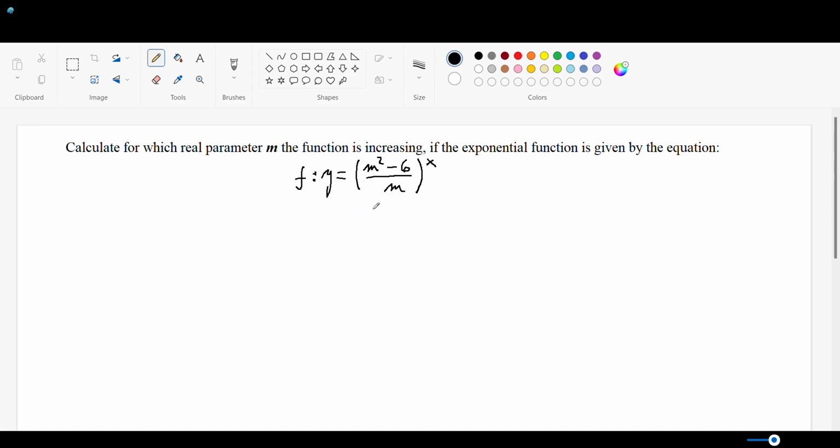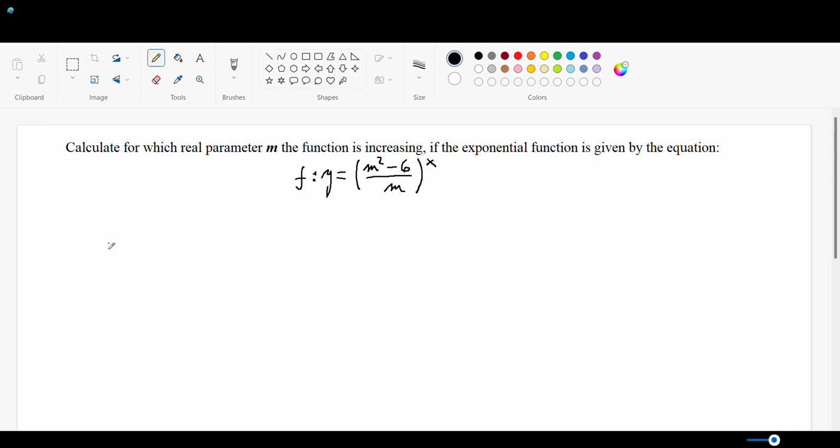Parameter m, as you can see, could be any real number, and we are looking for the criteria, which real numbers will fit into this task so that this exponential function is increasing. Let me show you what it means.